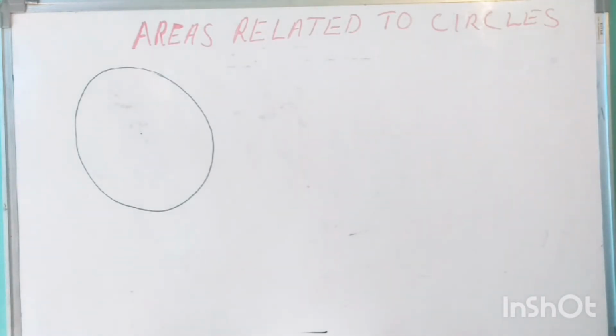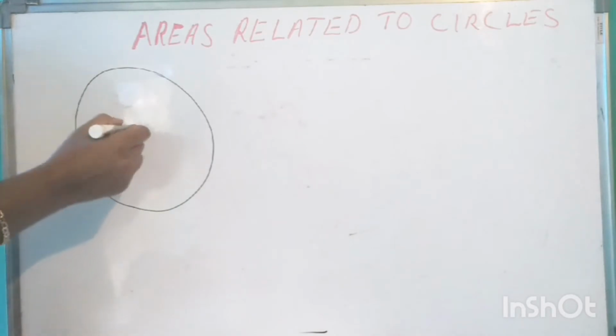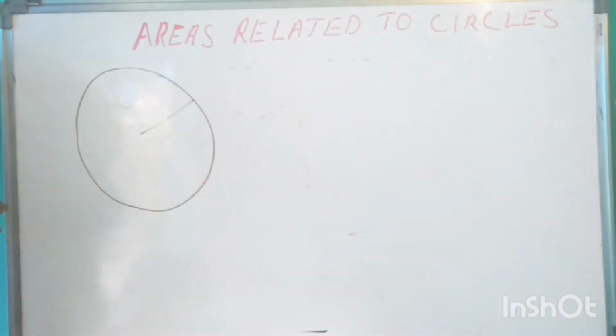Circle is a curve traced out by a point that moves in a plane so that its distance from a given point is constant.